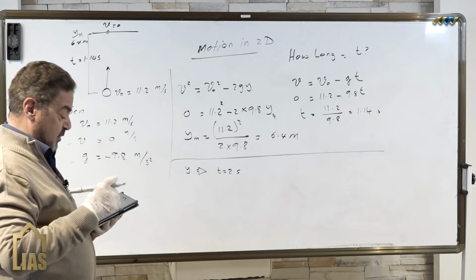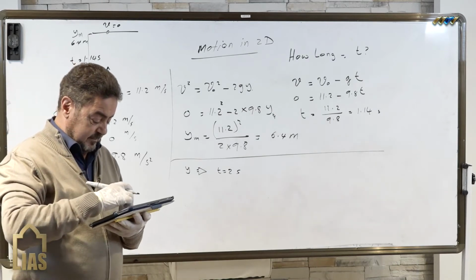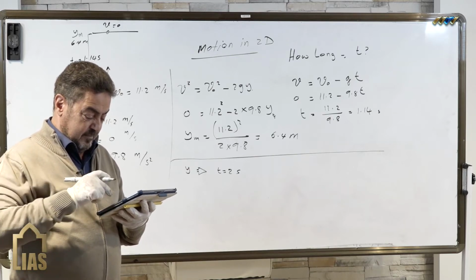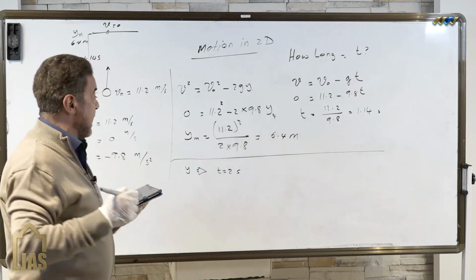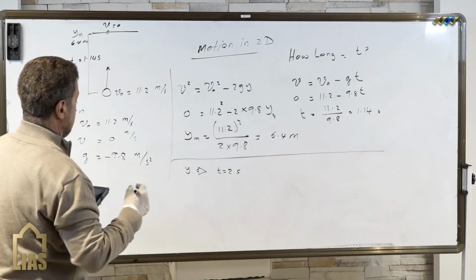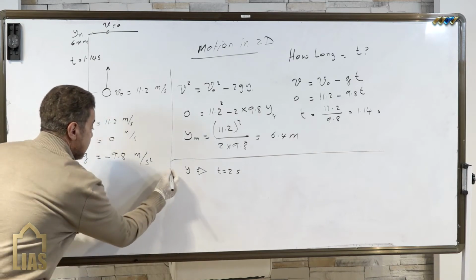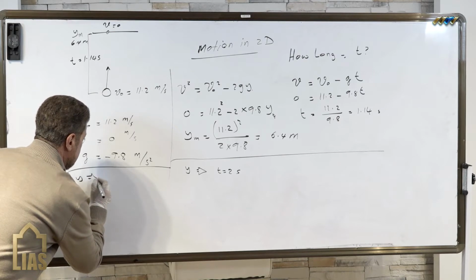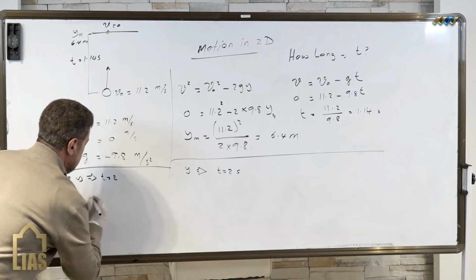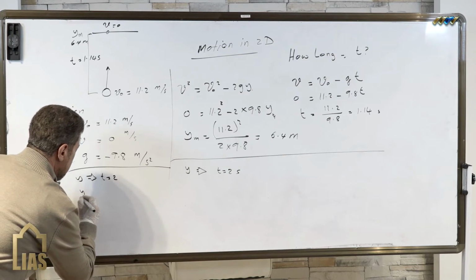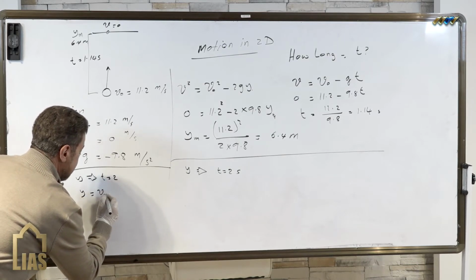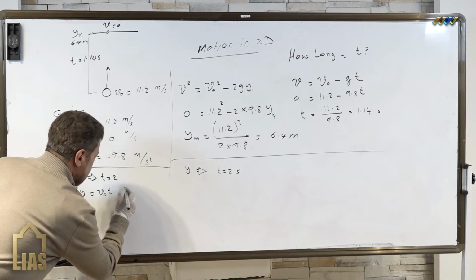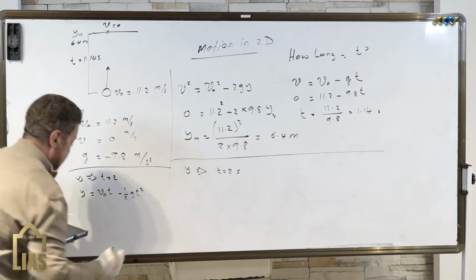Then we have two cases here. Either we say Y at T is equal to 2 second, then Y is equal to V0 T minus half GT squared.